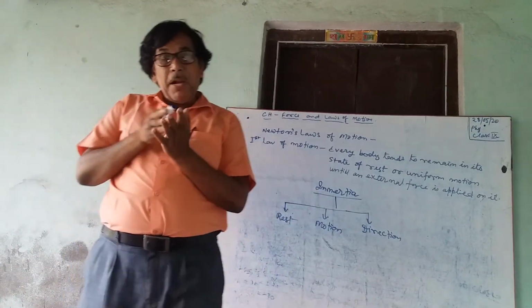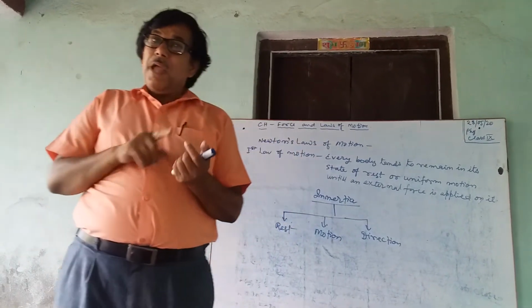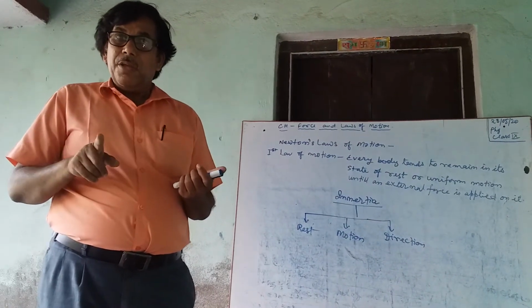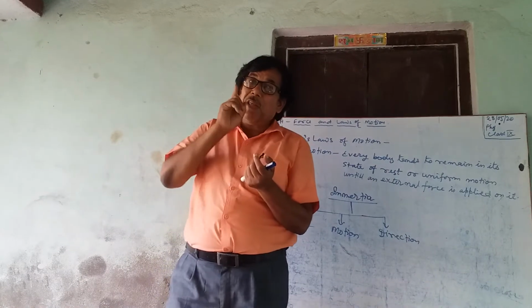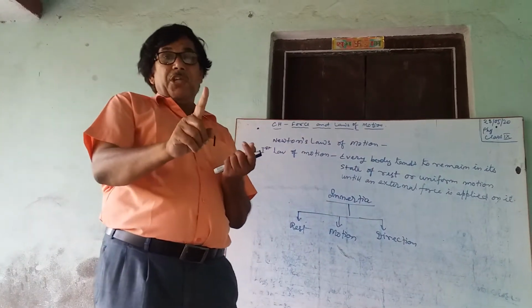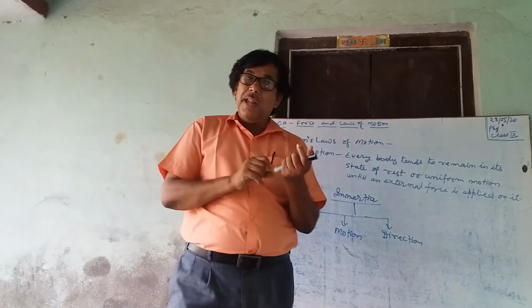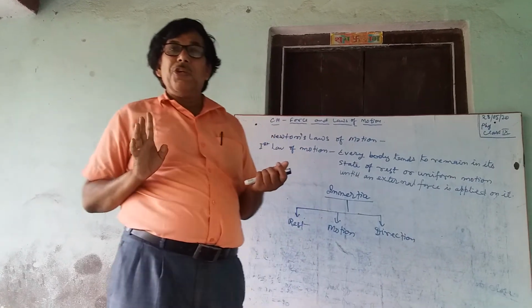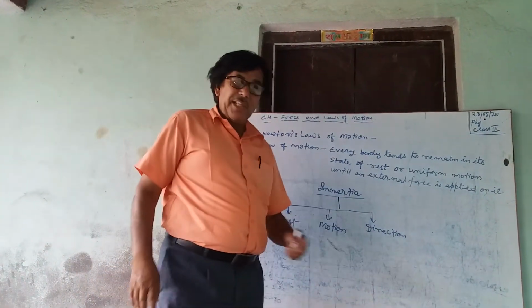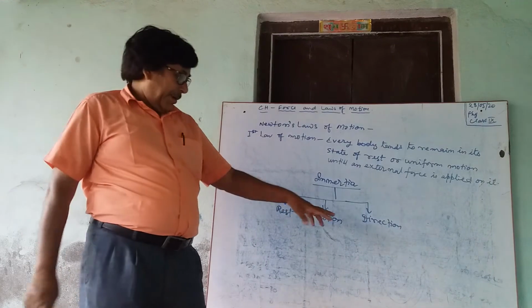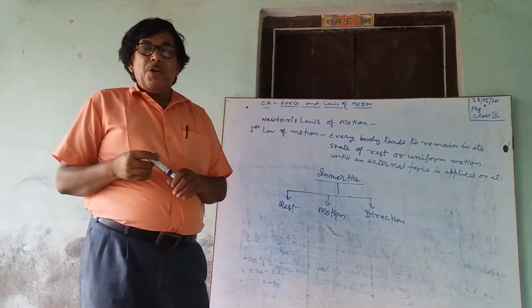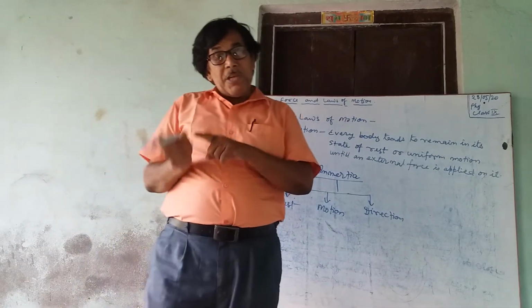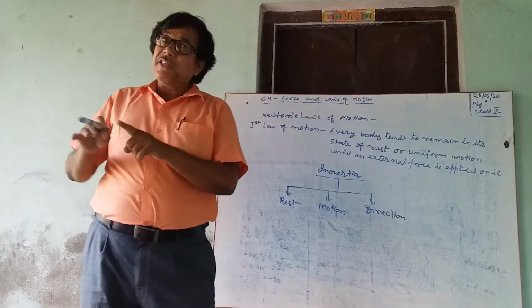It is the property of a body in motion, due to which the body tends to remain in its uniform motion, uniform speed, until an external force is applied on it. Inertia of direction. It is the property of a body in motion whose direction of motion does not change.